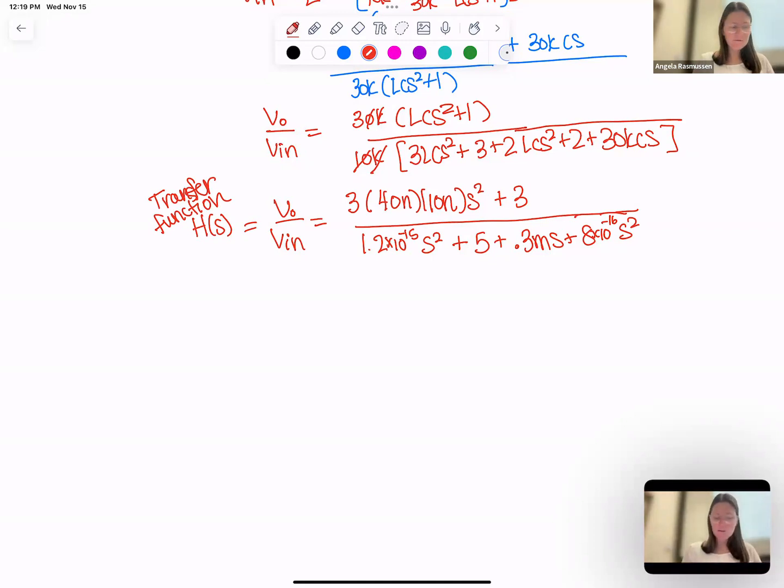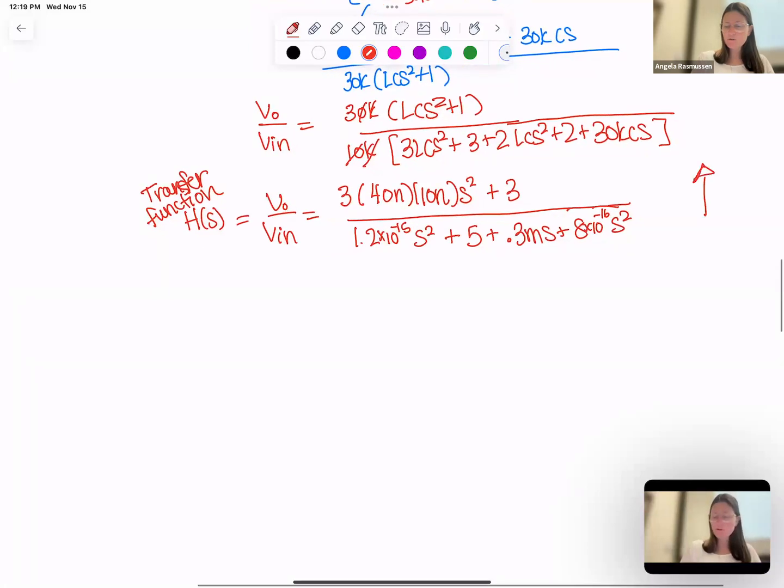I'm going to graph it with omega on the x-axis, and remember this is an S, so my y-axis is J, the imaginary portion. To get that, I substitute S equals J omega.